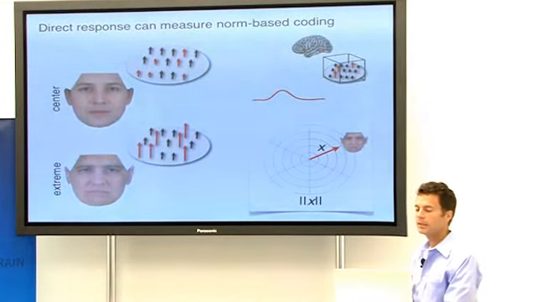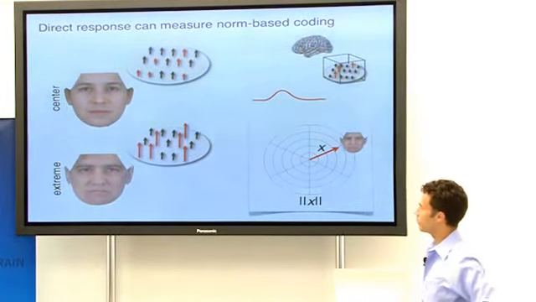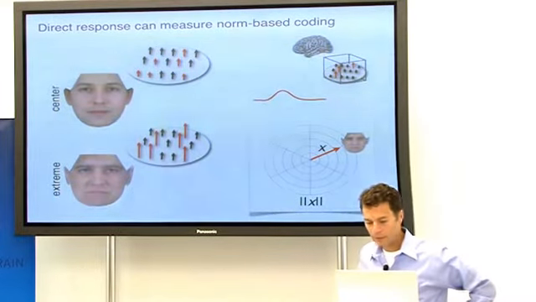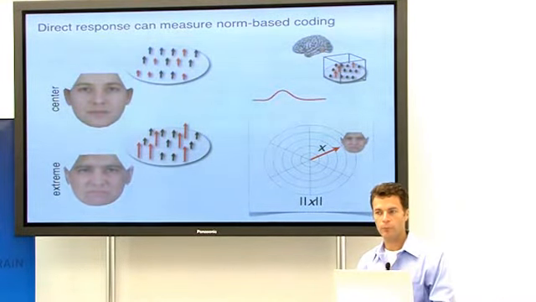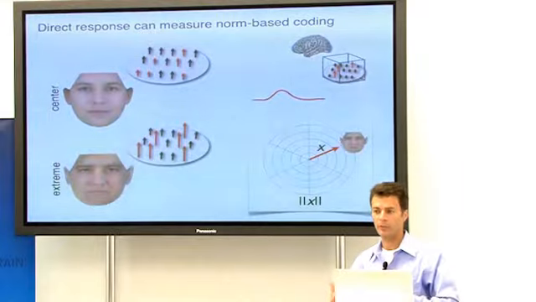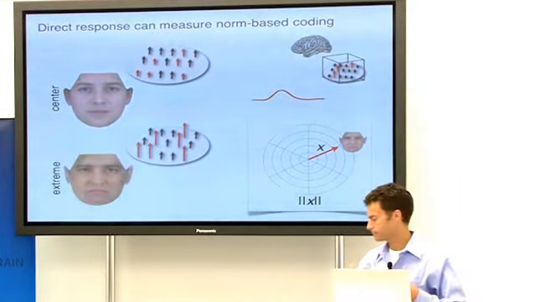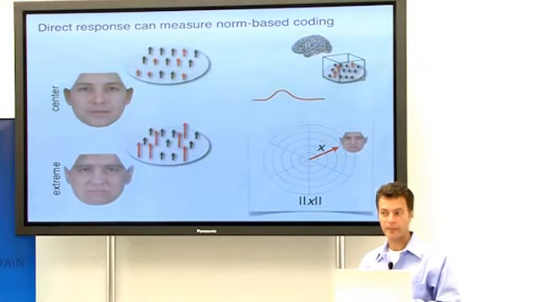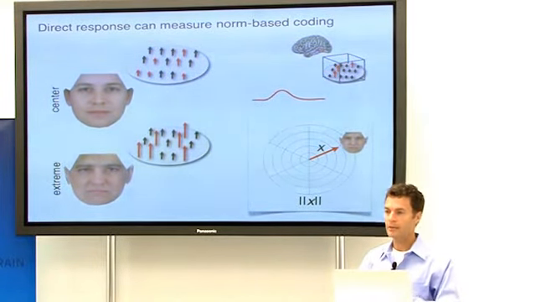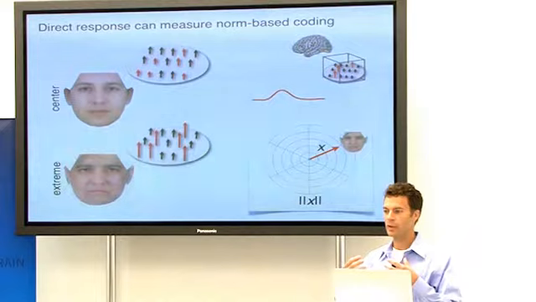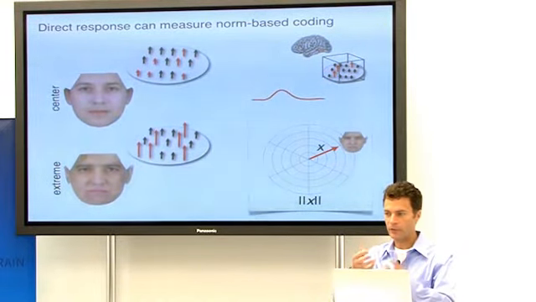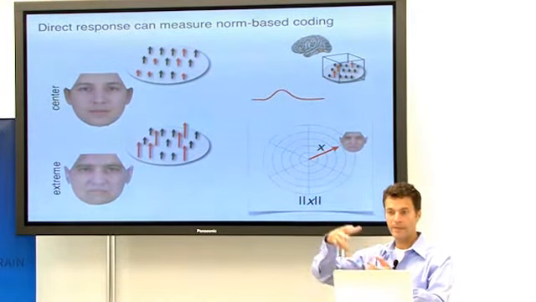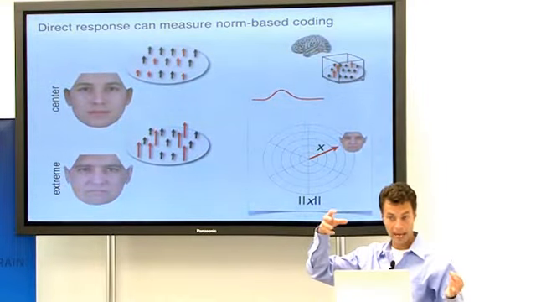That's the idea. So the appeal of these norm-based encoding models is that they seem to offer an explanation for some perceptual properties of faces and other sorts of stimuli. Most prominently, I think, they offer a nice explanation for caricature effects, right? So a caricature is where you take the appearance of someone's face and you enhance the difference that they have from average, right?